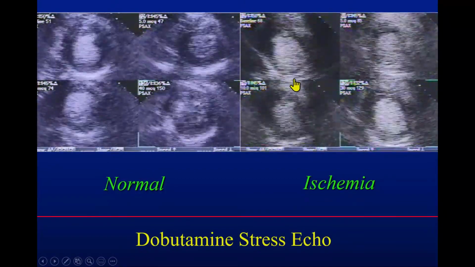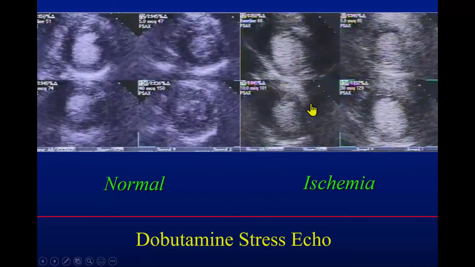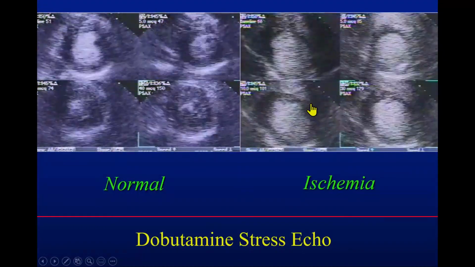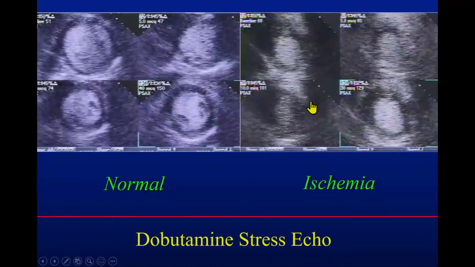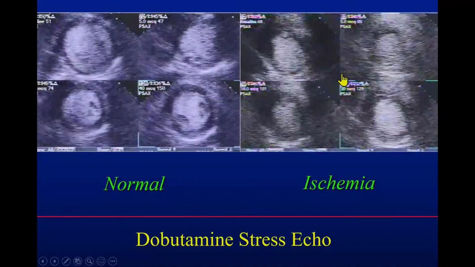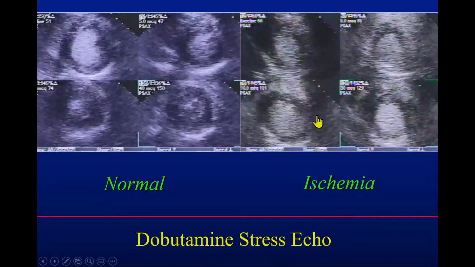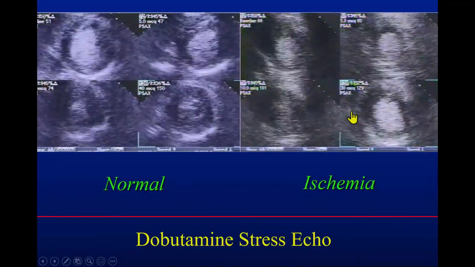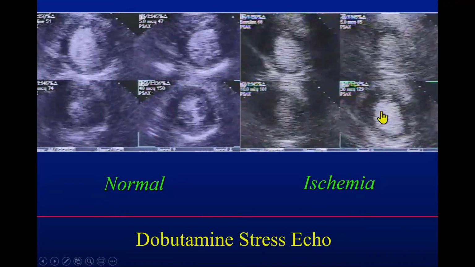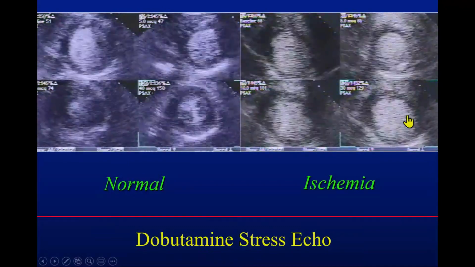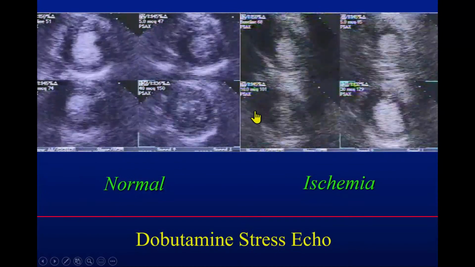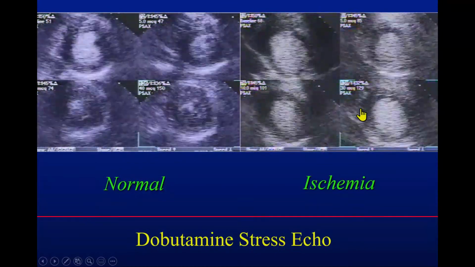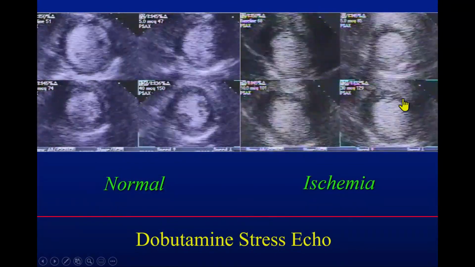This is somebody who had recurrent chest pain, had bypass surgery before and was cathed, and the catheterization showed basically normal grafts. However, the native circulation, which was not bypassed, progressed, and this was like a ramus branch, and you could see the abnormalities here. The heart got more enlarged after the 10 mics, and so this is the 30 mics of dobutamine with regional abnormality.